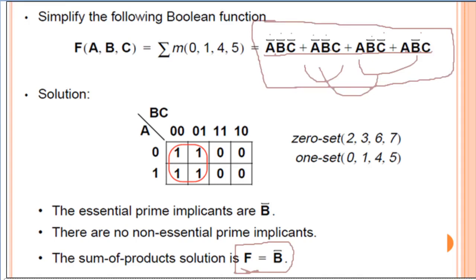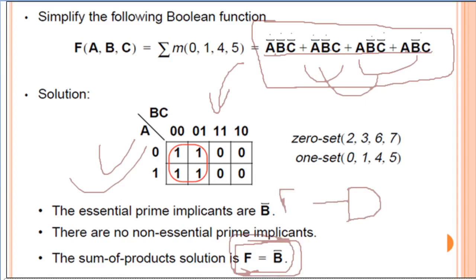Okay, now here we will minimize this function using this k map, and the minimized function you will get is b bar. Now only this can be implemented like this.